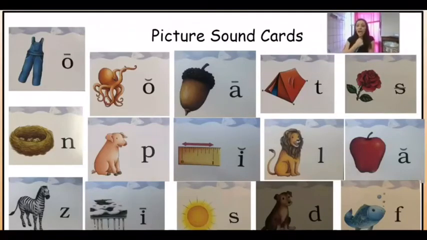All right, here's all those letter sound cards. So remember, I say the sound, you say the sound, and then we say the letter. Ready? So if I say O, O, very good. A, T. Oh, this is tricky. What sound is it? Z, S, because S makes that sound too.